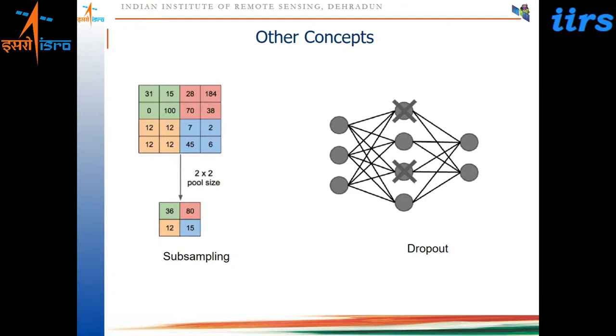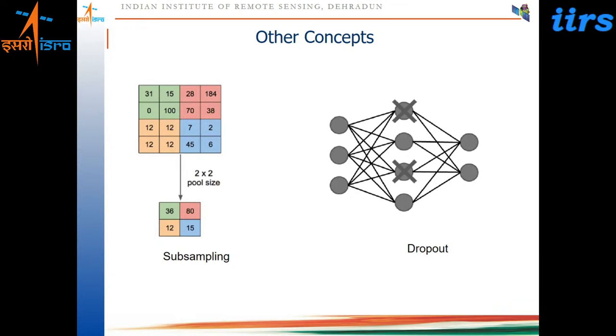So in such cases, the kernel weights should be updated in such a way that even if one node is not working, or one particular node has a very high bias, the output will not get affected.